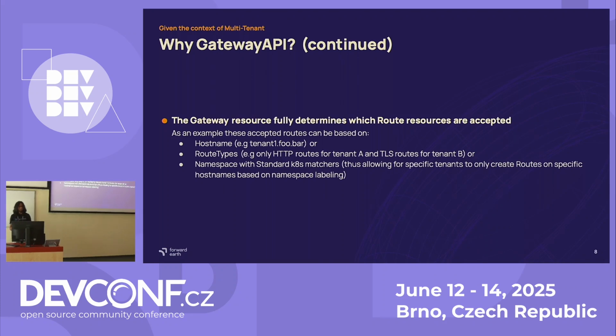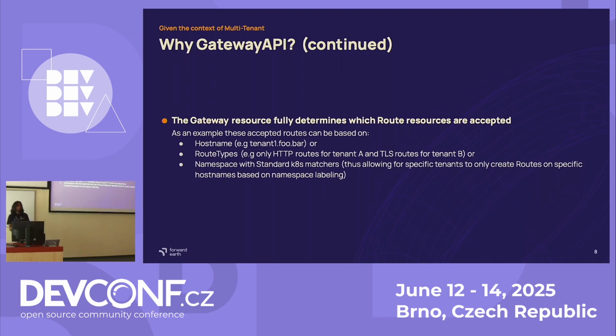The slide is not in order, but we'll fix that as well. Before we speak about why these personas are important in terms of multi-tenant, we need to speak as to why the gateway resource can be defined by your cluster admin, but the root resources can be freely defined by your tenants. It's because the gateway, at the end of the day, has the ultimate acceptance criteria of which routes are accepted in the gateway. So your tenants can create routes.